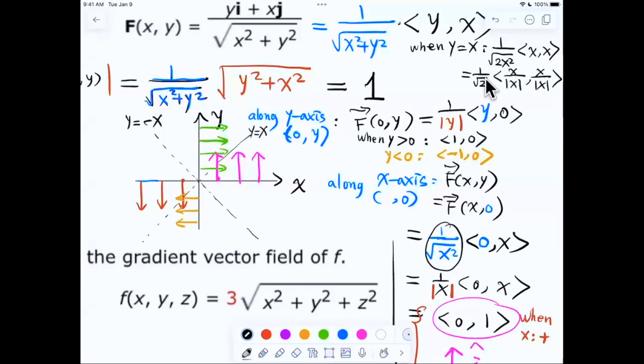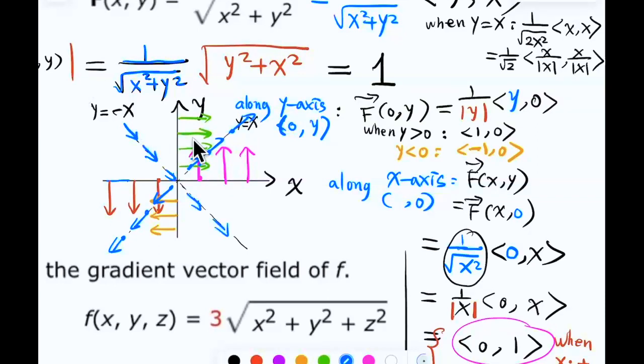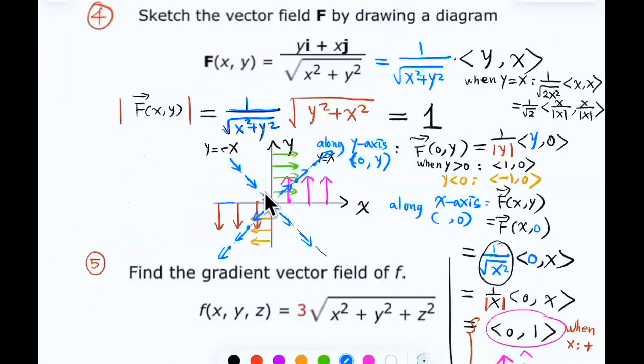So the arrow will look like this, 1, 1. It's going to point this way. When it is negative, then it goes the other way, like this. And you can also do y equal to negative x, and you will see something similar. So we kind of see the vector field like this to draw it. I guess this one here will be multiple choice.